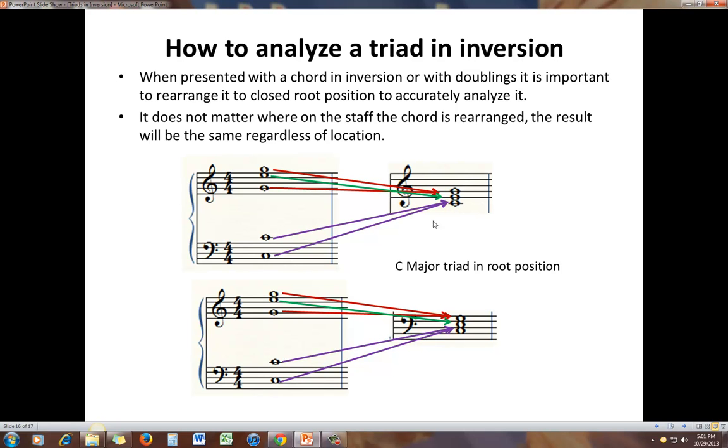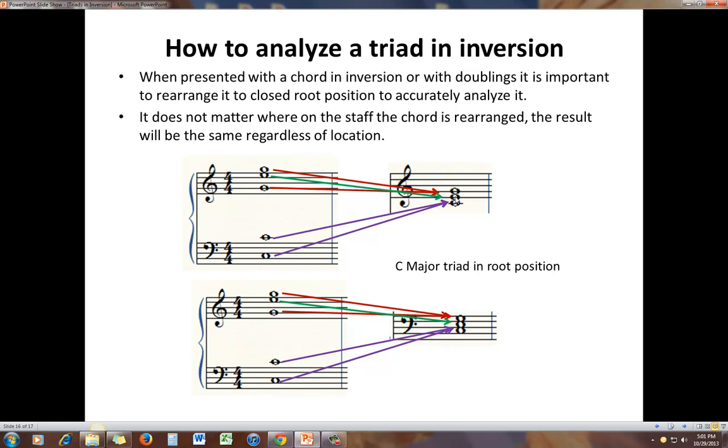So in this example, we have a C and a second C, so the C is doubled. A G goes here, another G, and an E. But what you notice is that I've got them rearranged so that they are stacked thirds. That's the key.